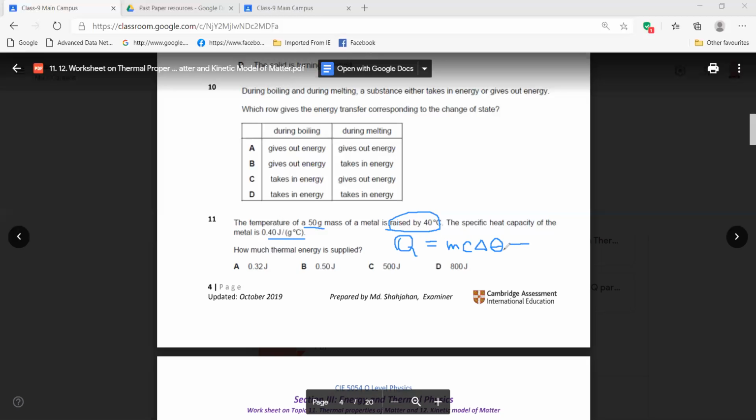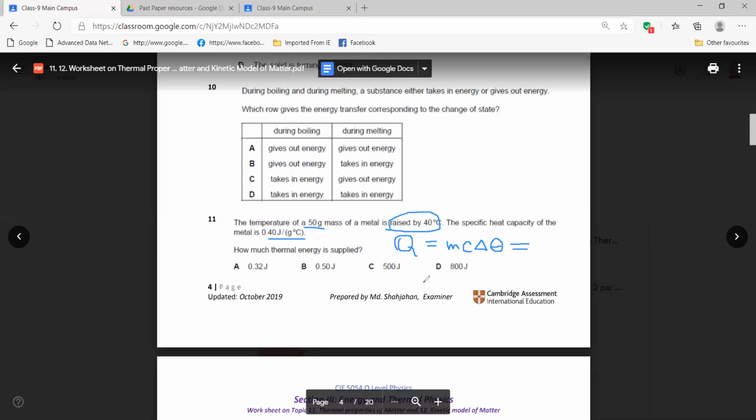Right now your answer is coming. How much is MC delta theta? 800 joules. So here in question 11 the answer is D. Okay, good, your answer is D, right?